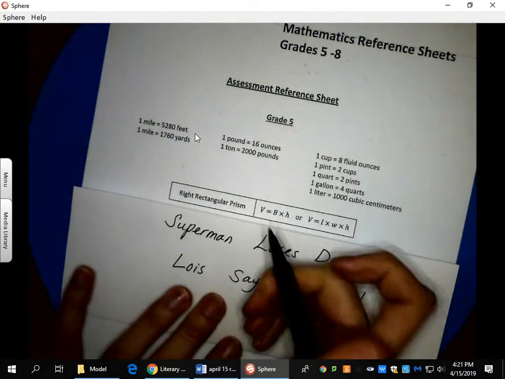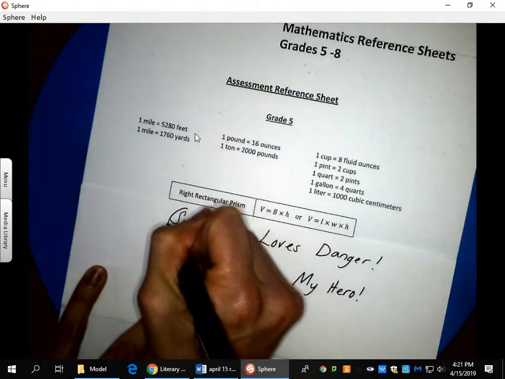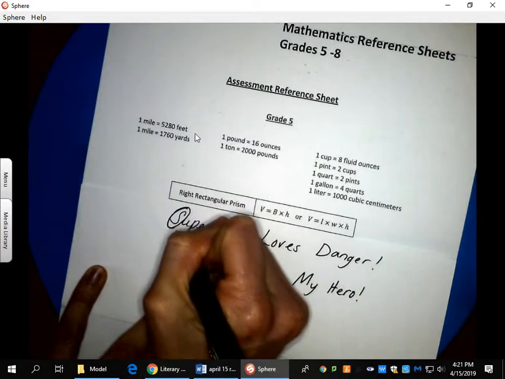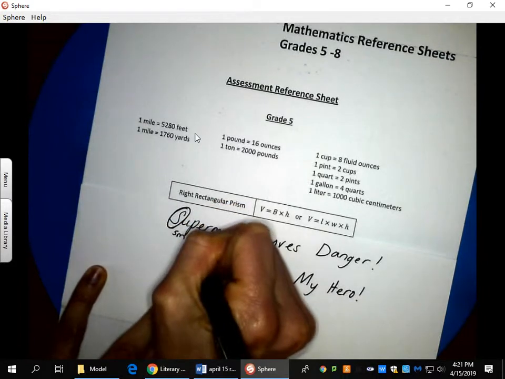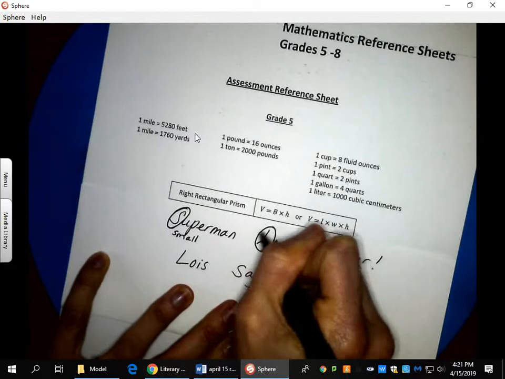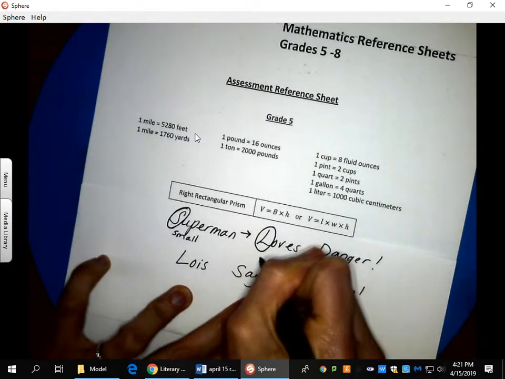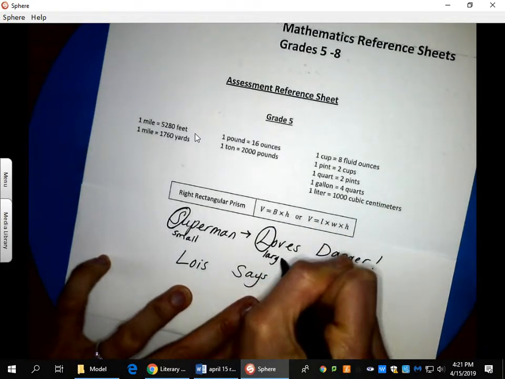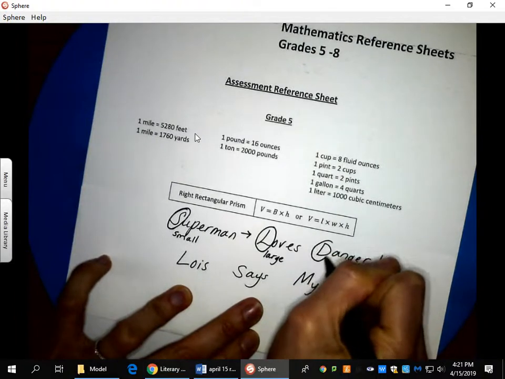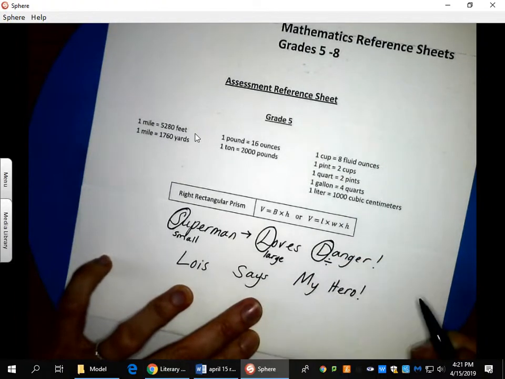Okay, and what this means is when you have something going from small to something large, you use D, which stands for division.